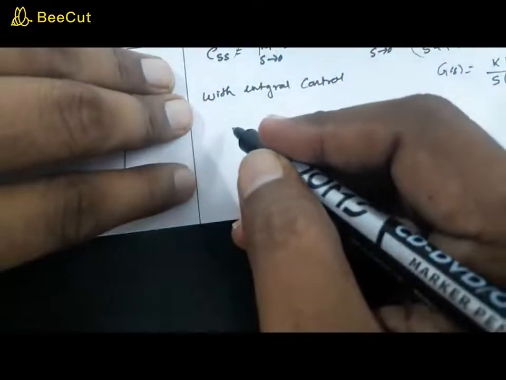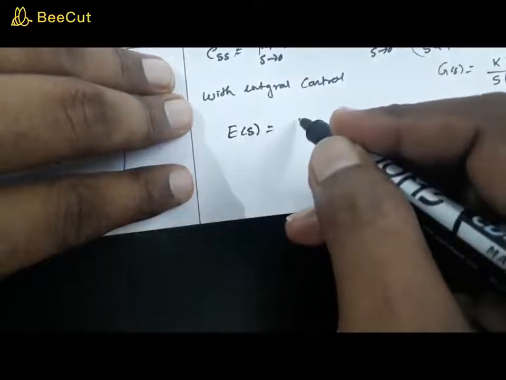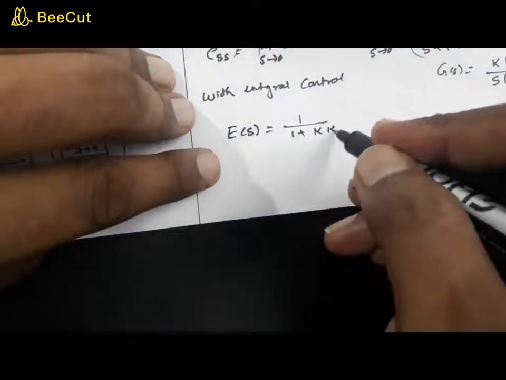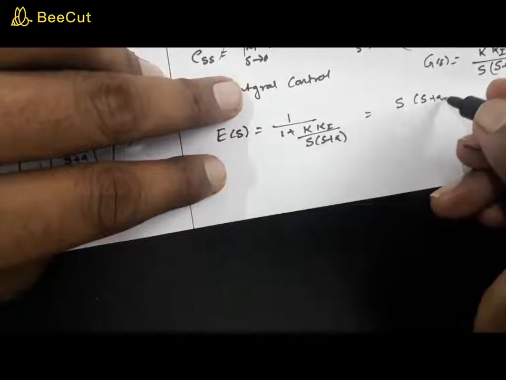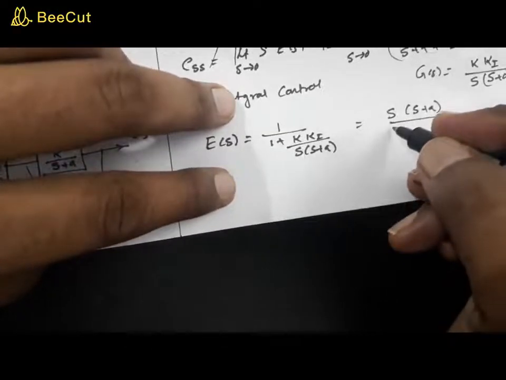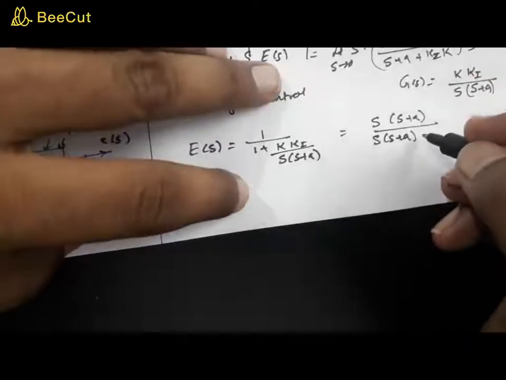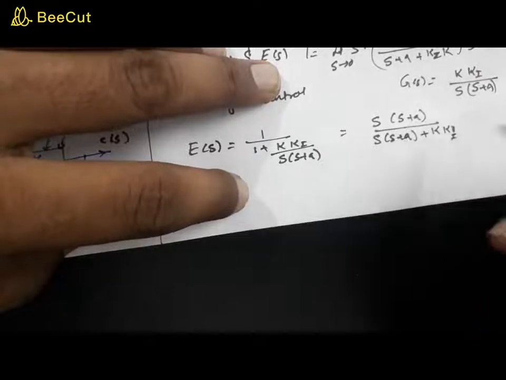Now let us see what your E of S is. As I have done just above, this will be 1 by 1 plus K into Ki divided by S into S plus A, or this becomes S into (S plus A) divided by S into (S plus A) plus K into K suffix i.